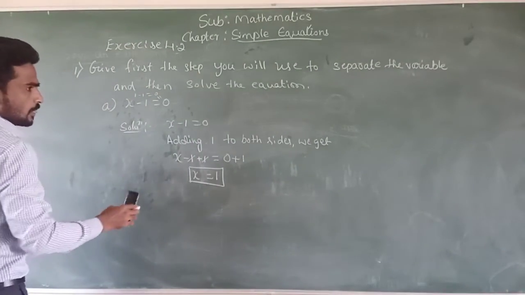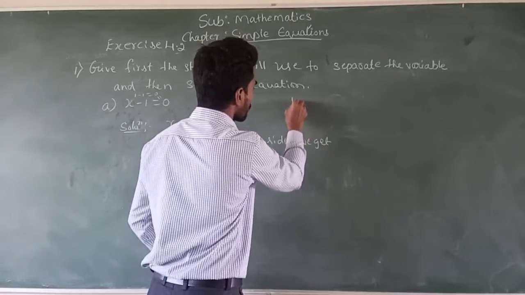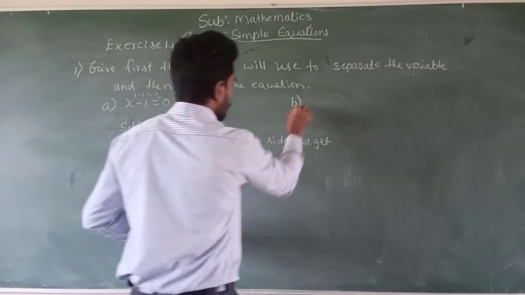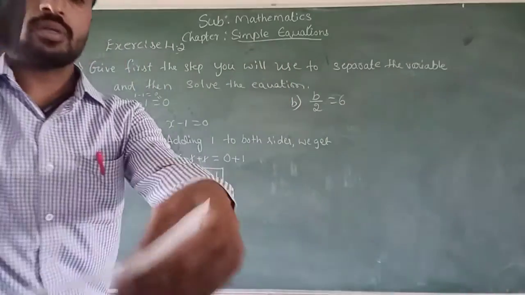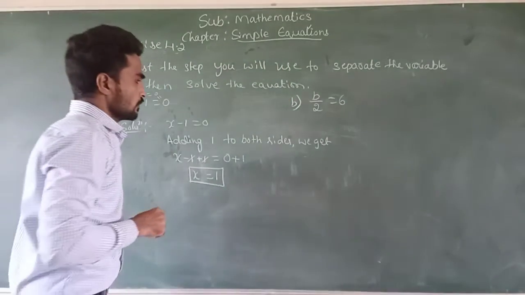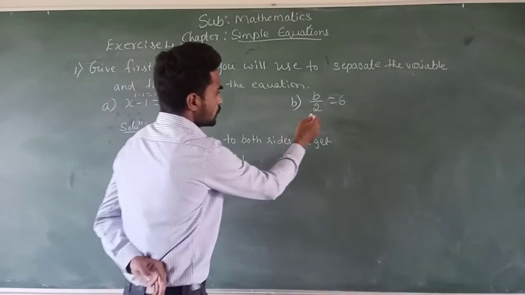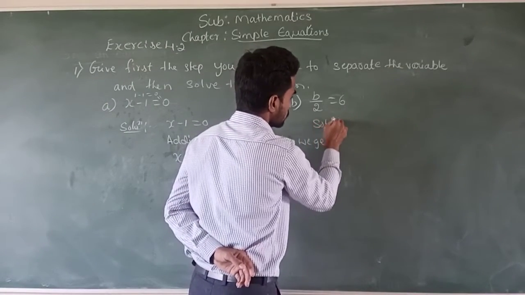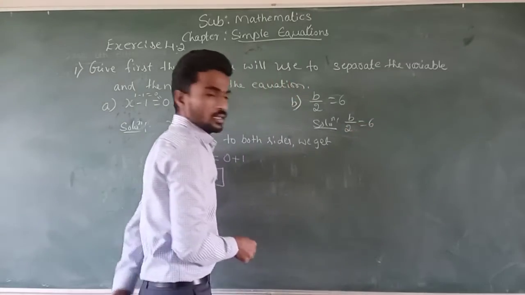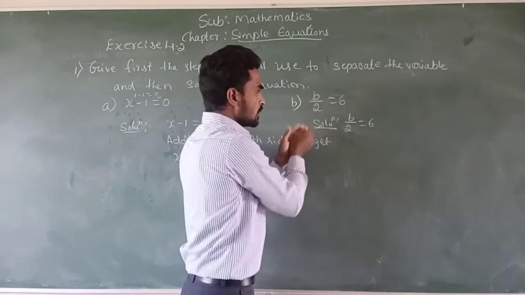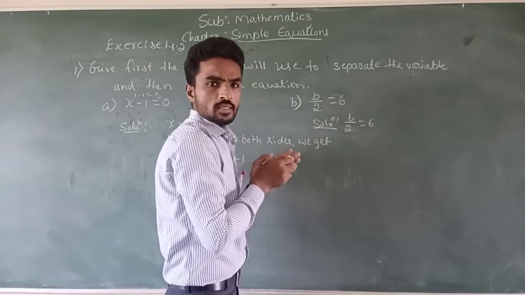Next one is b by 2 is equal to 6. Just observe this equation. b divided by 2 is equal to 6. Here b is variable, 2 and 6 are the constant terms.